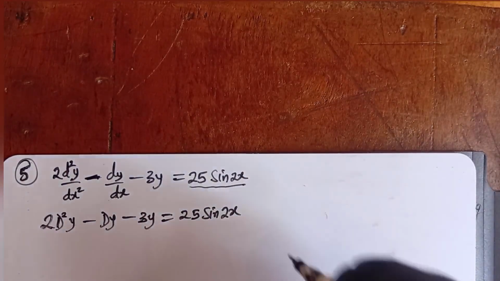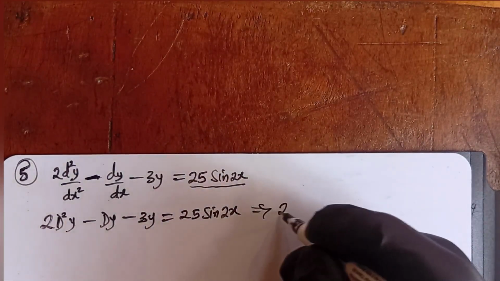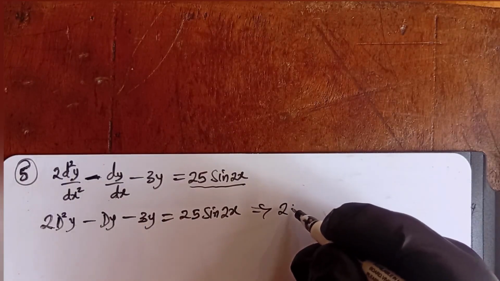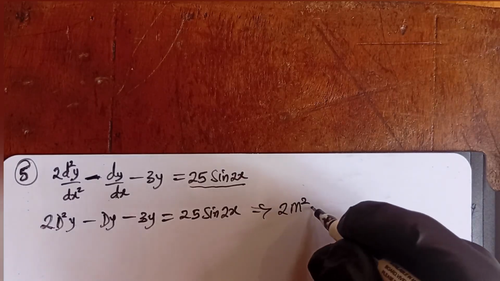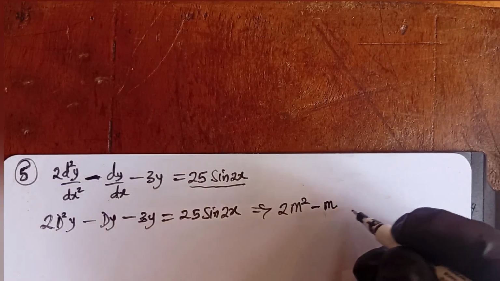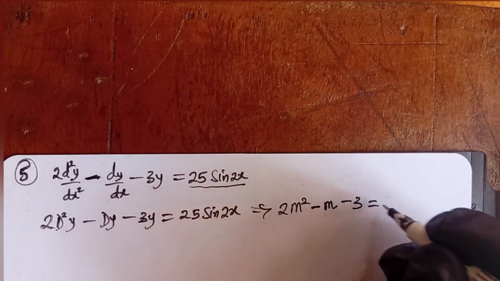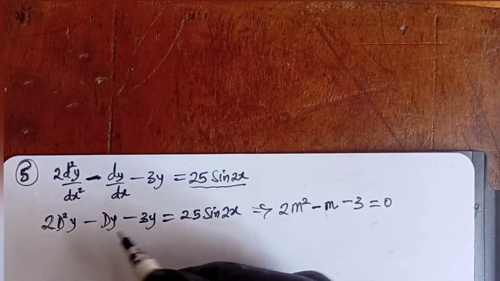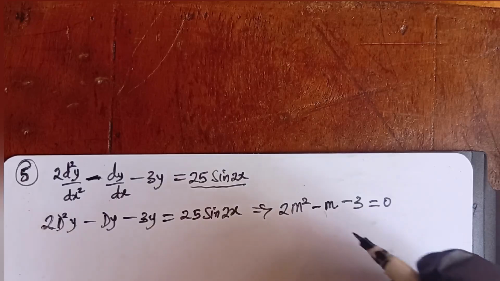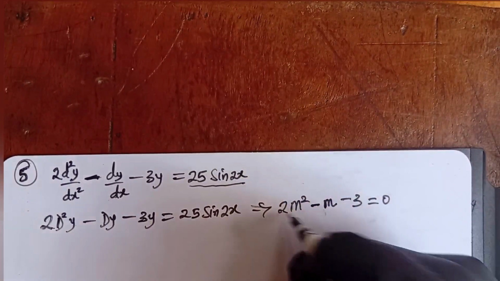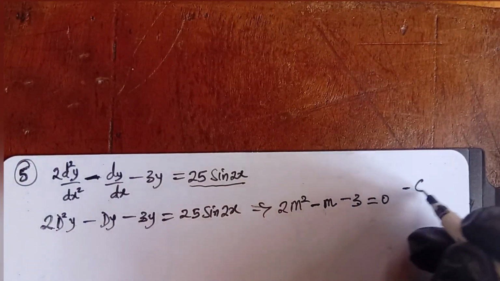Let's set the auxiliary equation. The auxiliary equation will be 2m squared minus m minus 3 equals 0. That will be the auxiliary equation from this left-hand side. So solving it, 2 times minus 3 is negative 6.